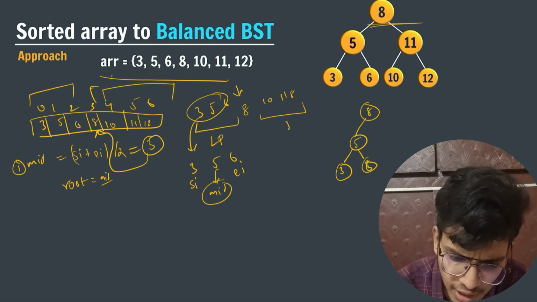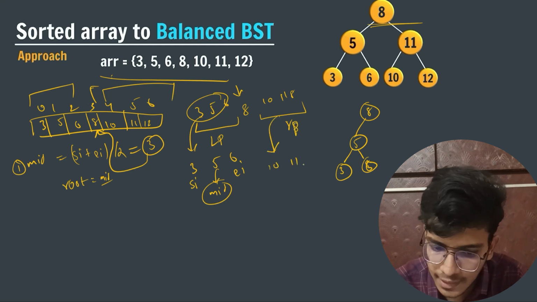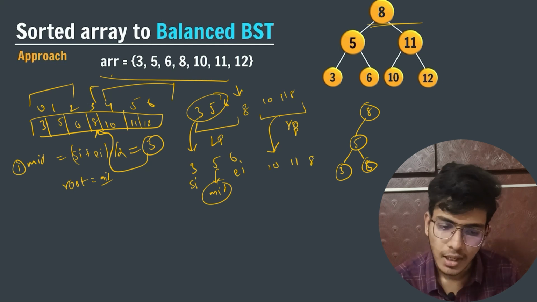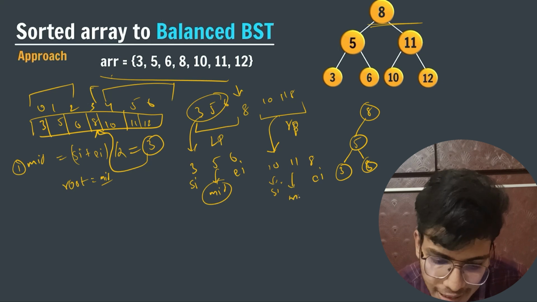Similarly, I will recursively call for the right part also: 10, 11, 12. This is my starting element, this is my ending element, and this will become my mid element.